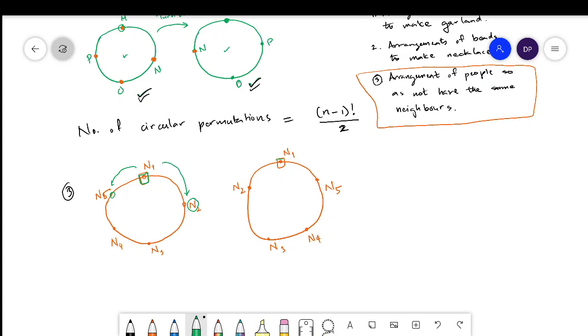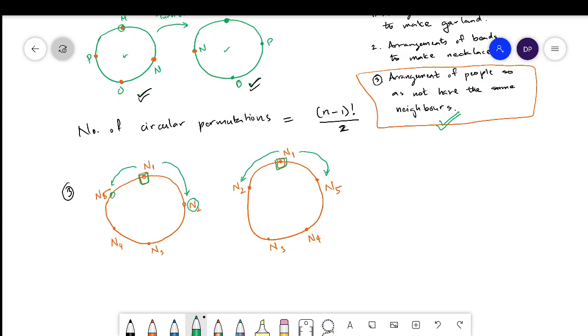In this case also, neighbor 1's neighbors are neighbor 2 and neighbor 5. So in both arrangements, neighbor 1 has the same neighbors, but our condition says a particular person should not have the same neighbors.